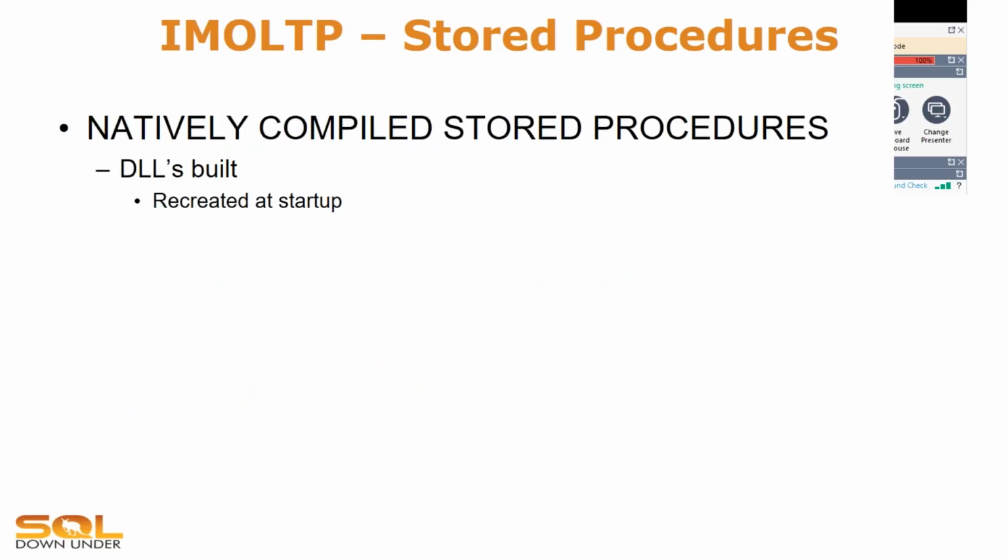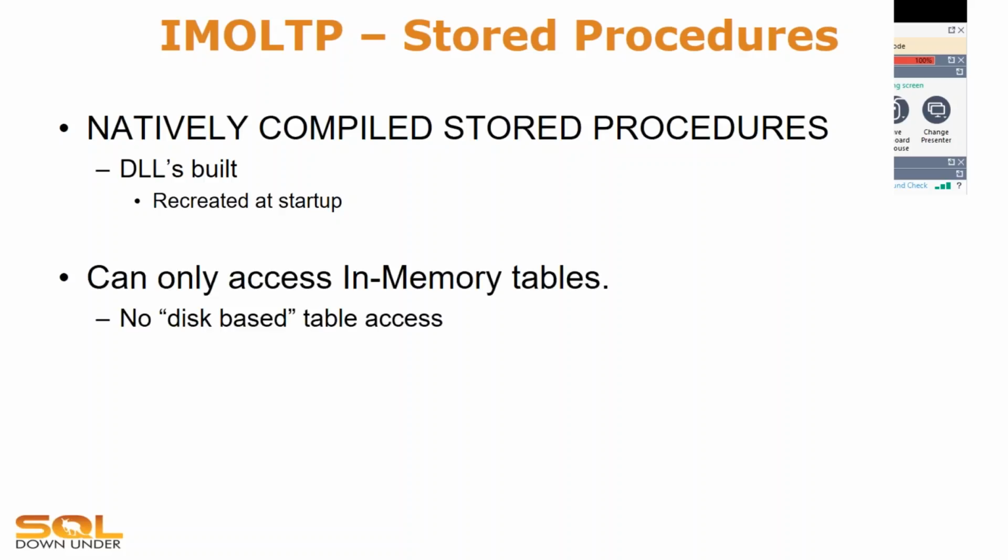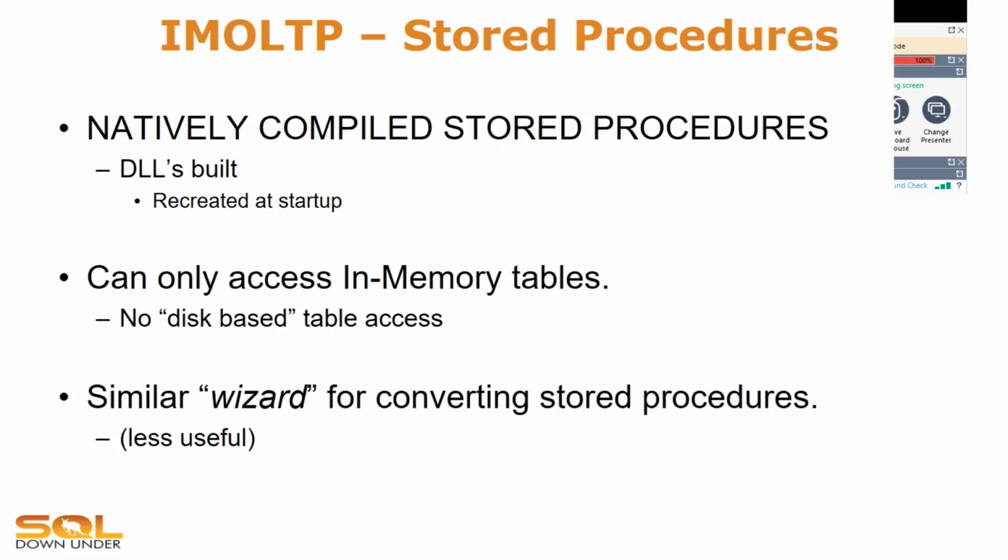So natively compiled objects just basically produce DLLs. The DLLs are recreated at startup and placed into the memory of SQL Server. Now natively compiled objects, although they're built with traditional TSQL, they can only actually access in-memory tables.